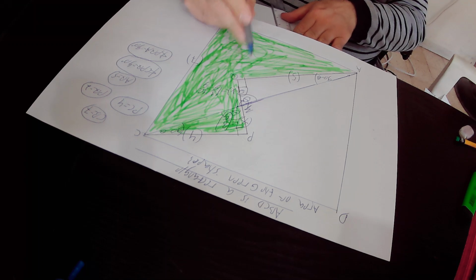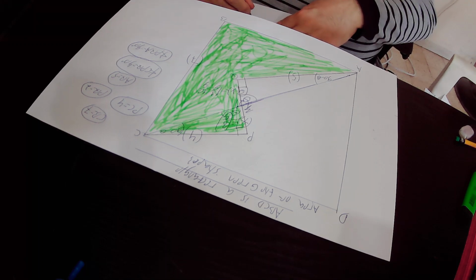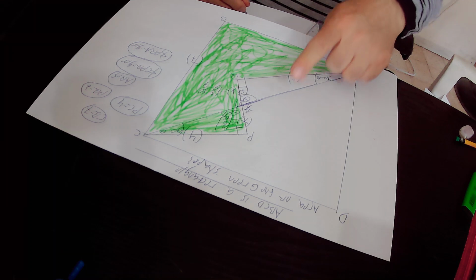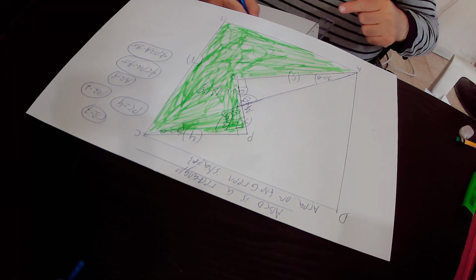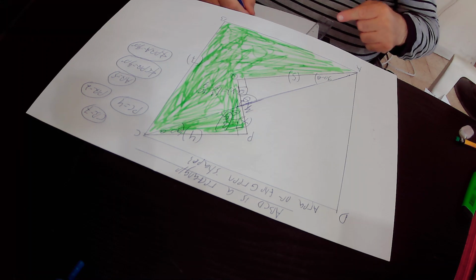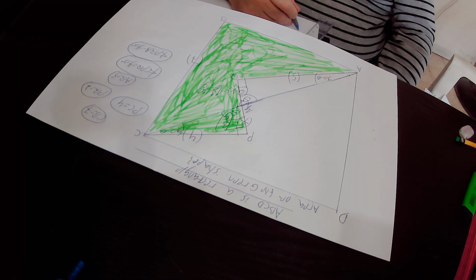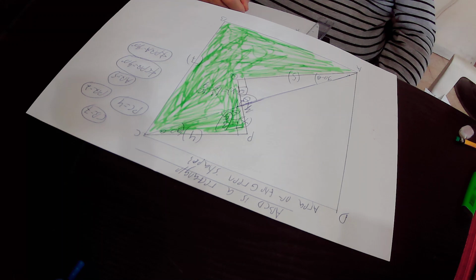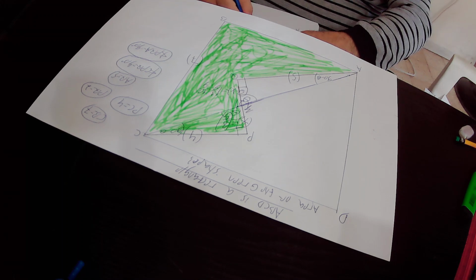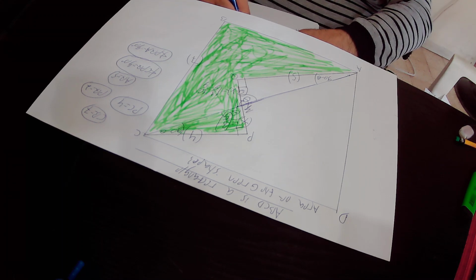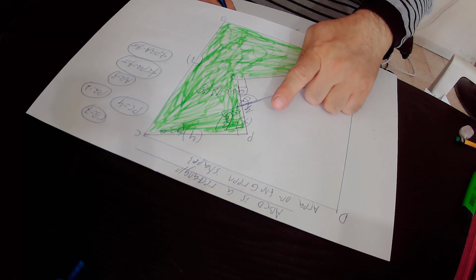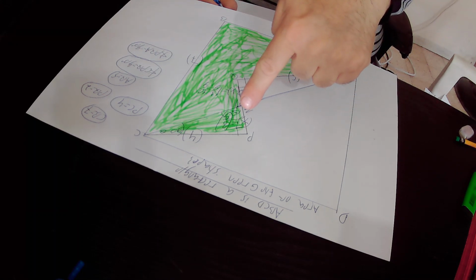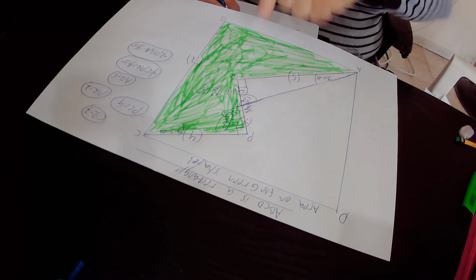This angle equals 90 degrees. PQ equals 2 units in its length. Line segment PC equals 4 units in its length. This is angle CPQ, that is a right angle.